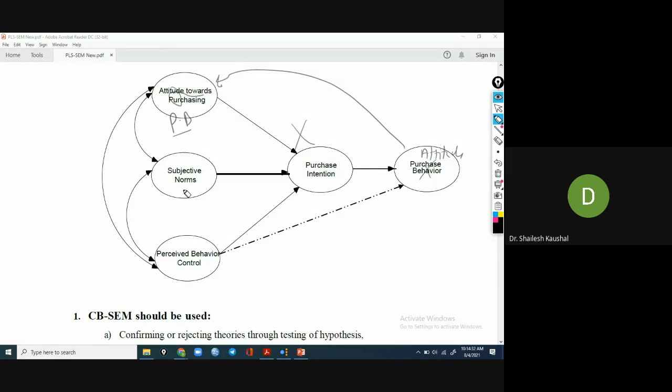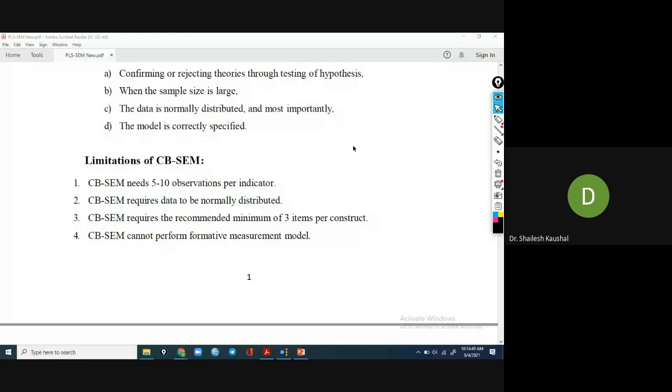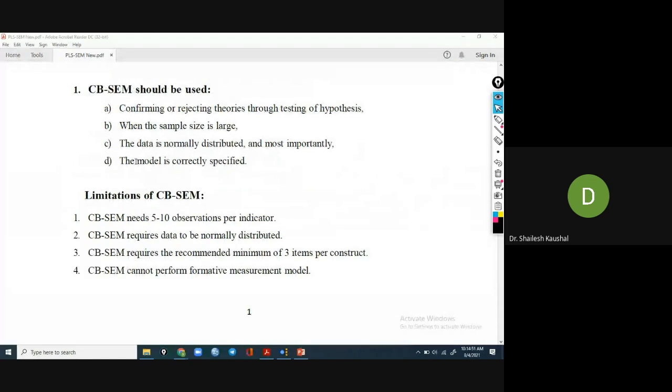Theory suggests which one is the endogenous construct and which one is the exogenous construct. If we do not specify our model correctly, then we will not get good results. Okay, so the model is correctly specified.